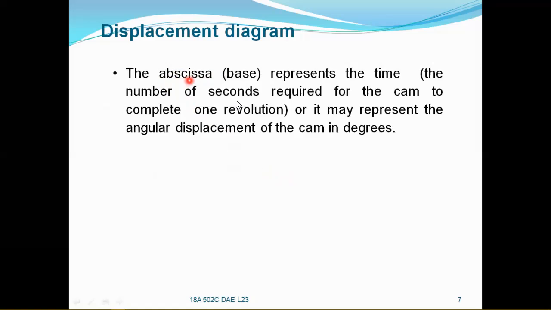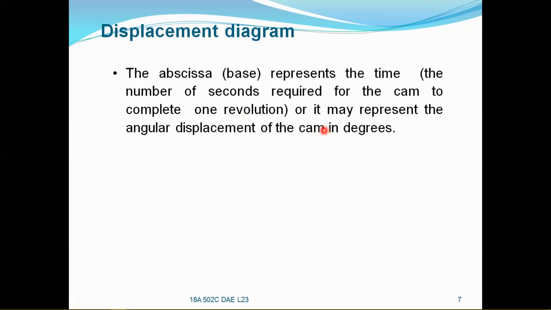The abscissa, the base x-axis, represents the time, that is the number of seconds required for the cam to complete one revolution. Or it may represent the angular displacement of the cam in degrees. That means cam angles may be taken on the x-axis.